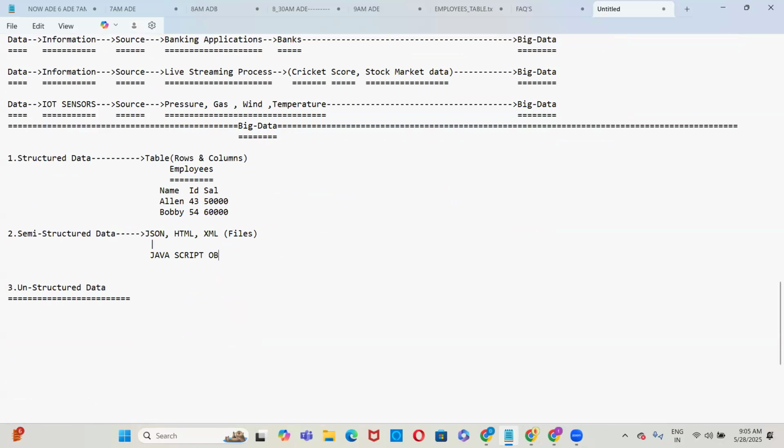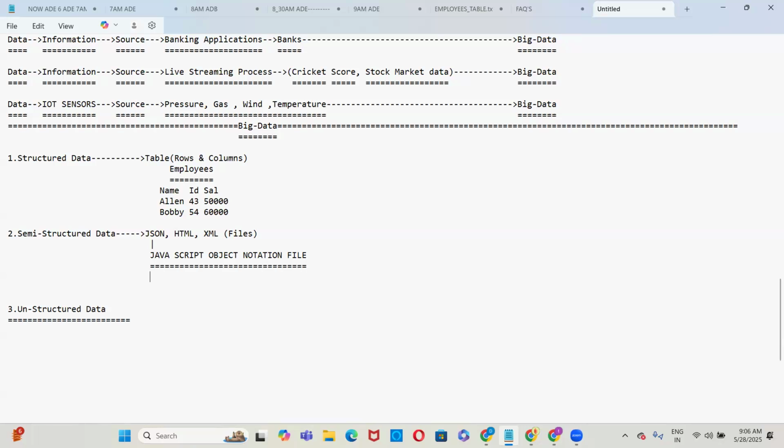JavaScript Object Notation file is called JSON.